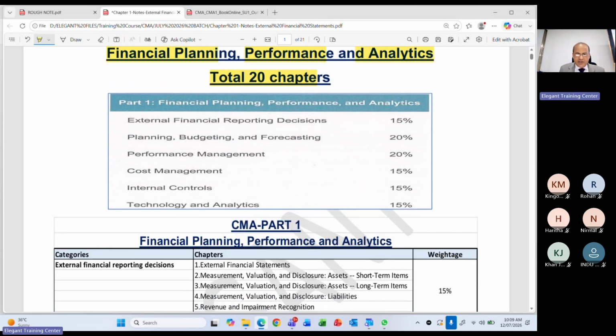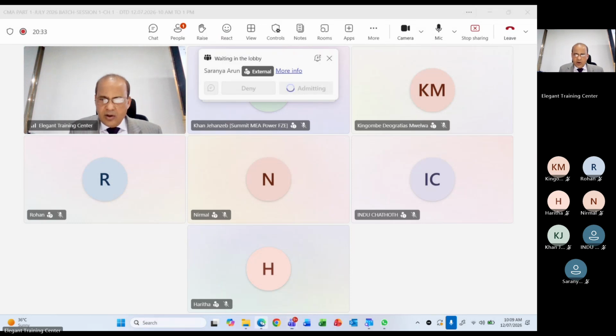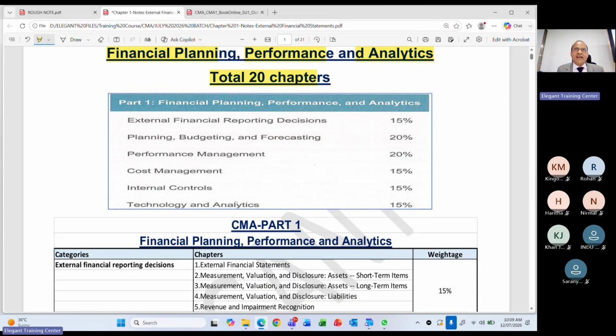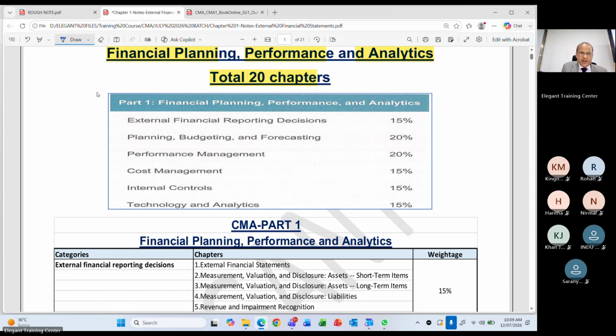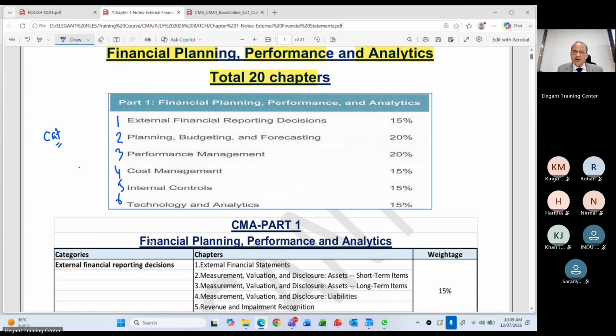Now, there are 20 chapters. All the chapters have been categorized into 1, 2, 3, 4, 5, 6. So you can say 20 chapters and 6 categories, right?